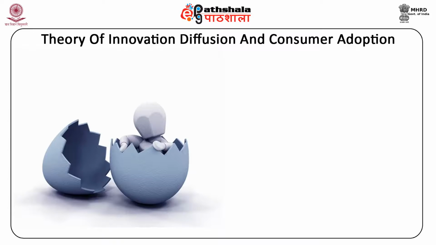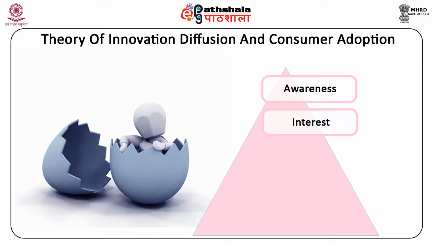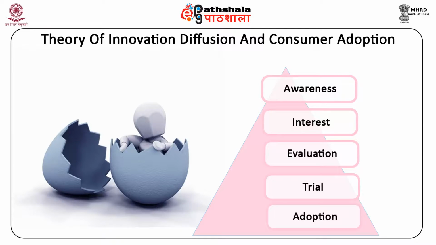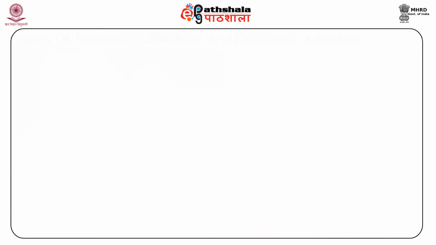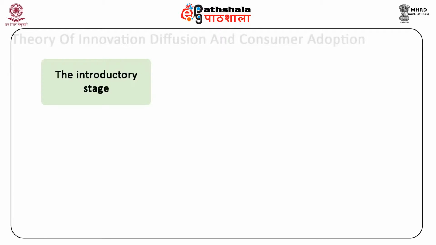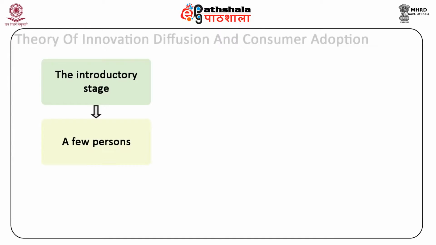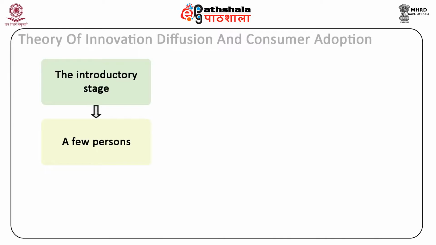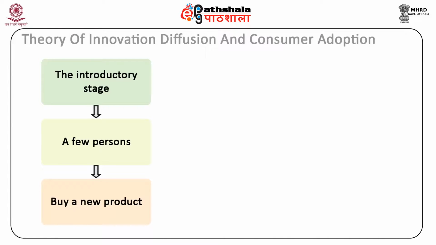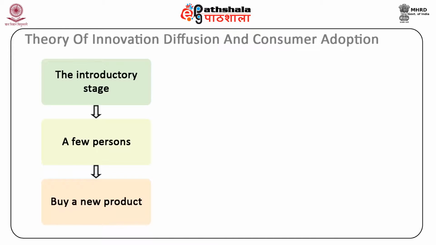Therefore, it becomes important for the company to first spread awareness about the product, generate interest in them, help them evaluate the product carefully, induce trial of the product, finally adopt the product, and make full and regular use of the innovation. This whole process takes time, and in the introductory stage, only a few persons or innovators generally buy the product. These are enthusiastic people who would like to try new things.